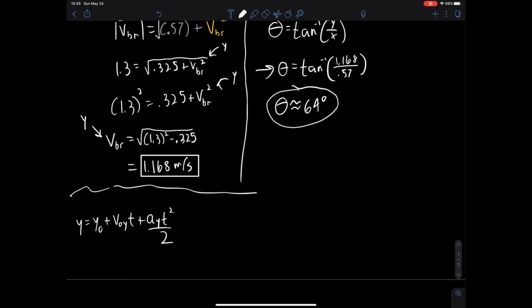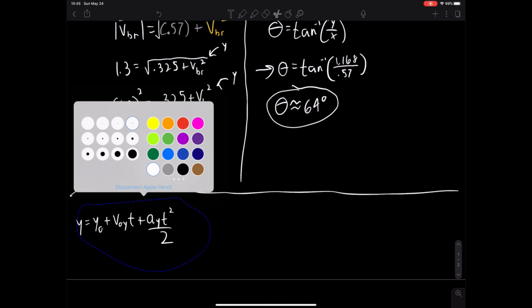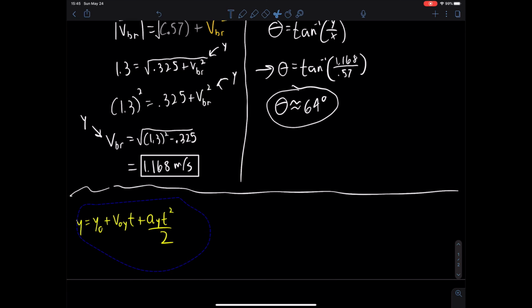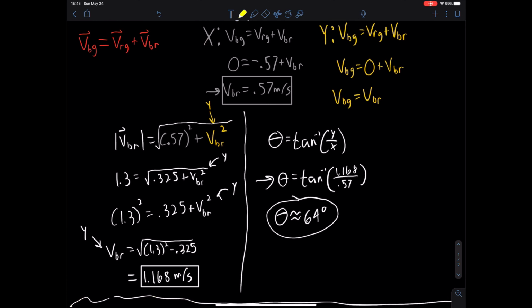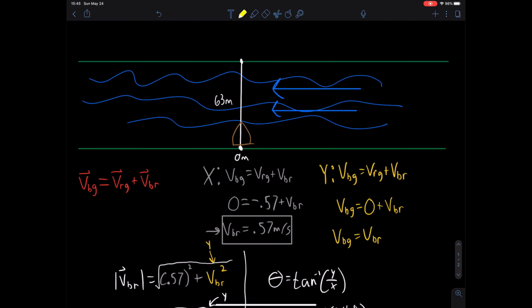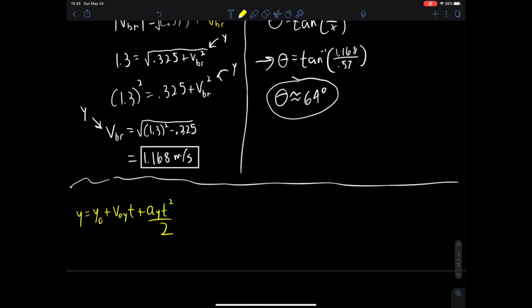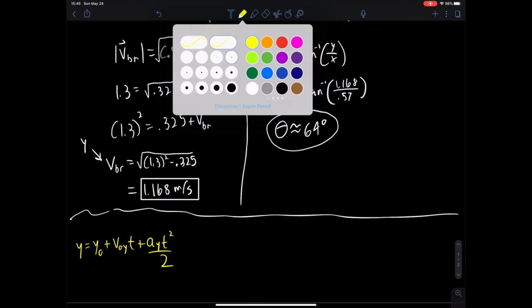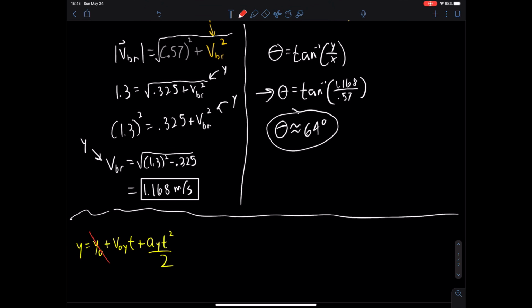Let me get another little divider here. Okay, and in fact, let's go ahead and clear this up with a completely different color. So, let's take a look at this. Our initial position, we said we're going to start here at 0 meters. That's going to be our origin, that's going to be our initial position. So this can just go away, that's 0.